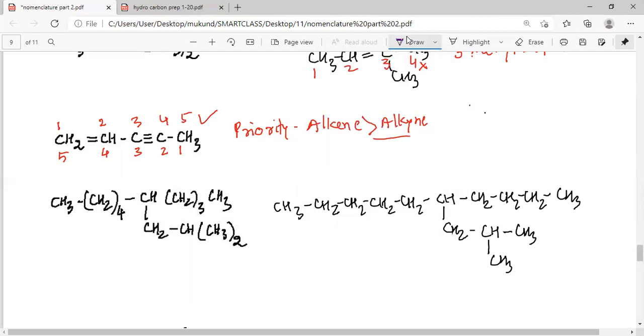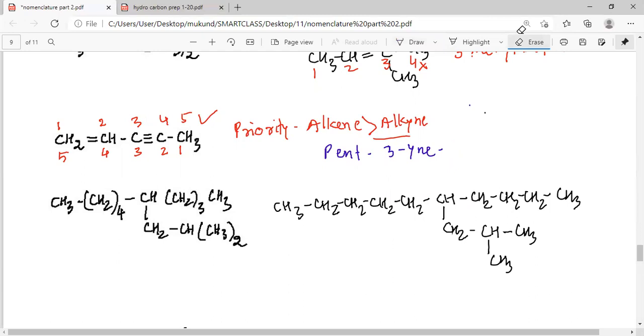Let us write the name of this compound, that it is a 5 carbon. So we have pent 3-yne 2-ene, or 1-ene, my dear students, not even 2-ene.